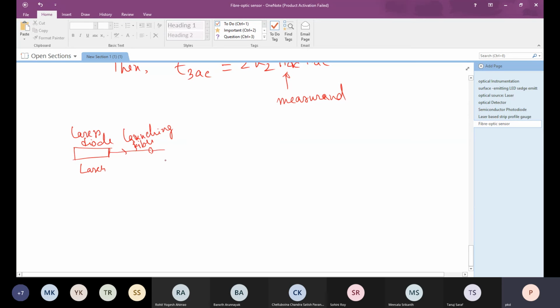Then we have that same coupler. Then these are the mirrors. This is the reference arm, and here this is the sensing arm.